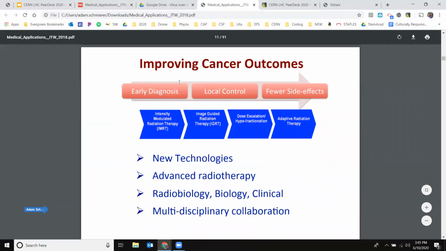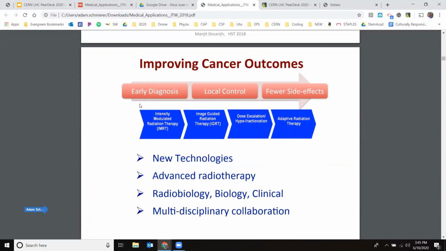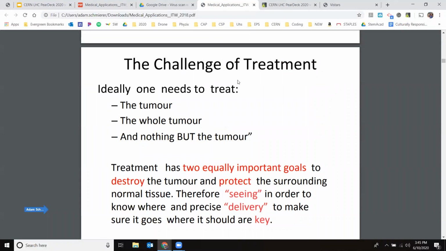So you have a couple different things, right? It doesn't do you much good just to find it and then not do anything about it, right? But then it's also, how do you only impact them a little bit? How can you find a way to only impact one little spot on the person and not their whole body? Because x-rays impact everybody, okay? So I think the way she said this is like, find the tumor, address the tumor, whole tumor, and nothing but the tumor. And I'm like, you're funny, okay?